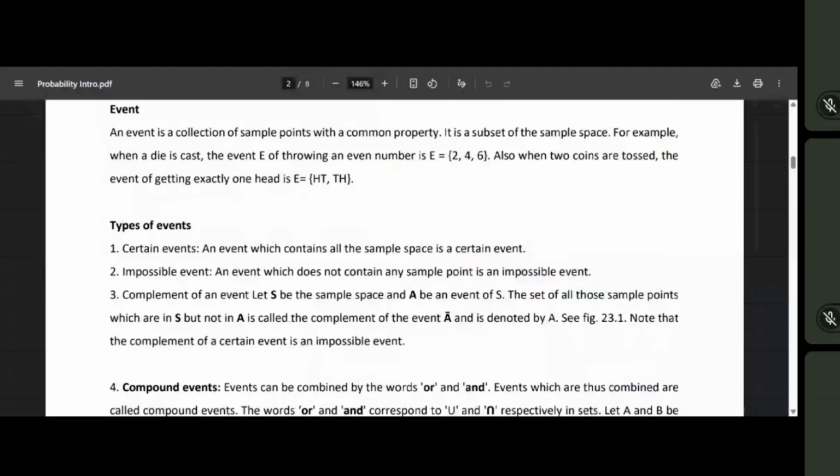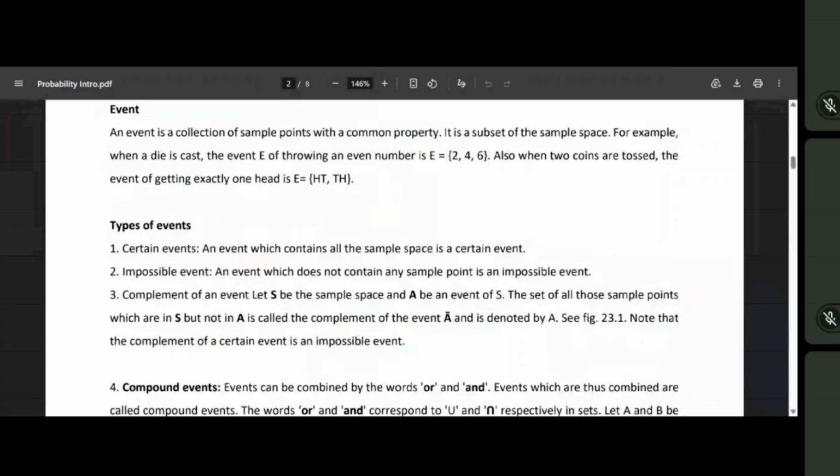As I'm saying all these things, we can relate them to the medical field and talk about your patients with the kind of diseases they will be presenting. An impossible event is an event that cannot happen.